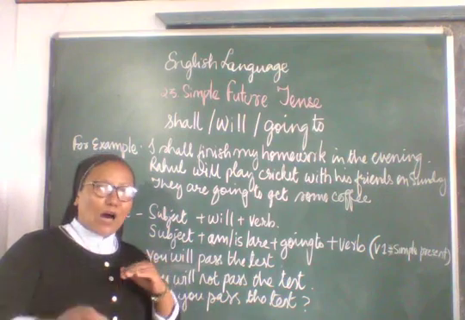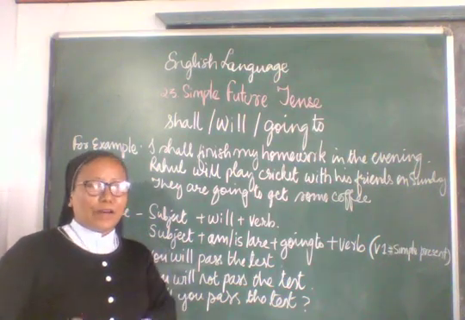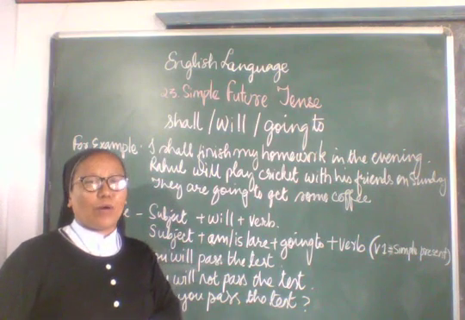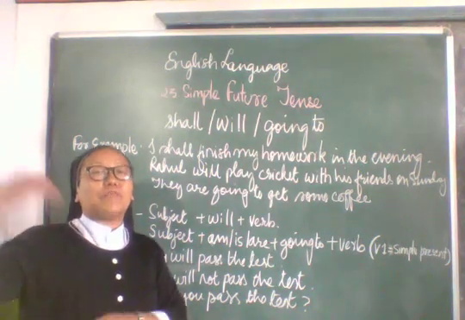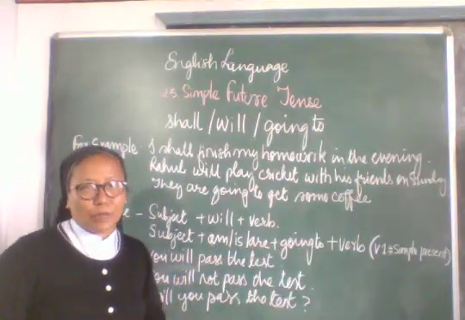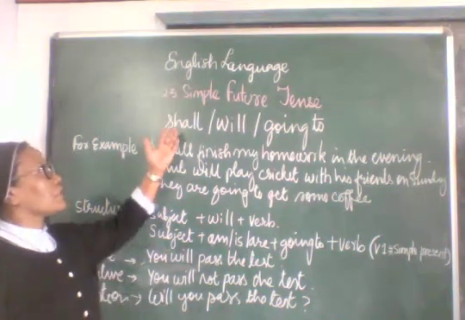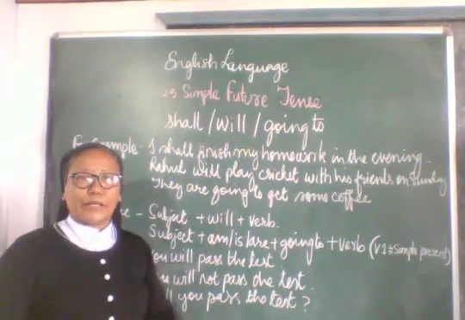From after now. Now is the present, and after now, whether after 5 minutes, or after 1 month, or after 1 week, or next week, or after 10 years, whatever is future, isn't it? We are going to talk about the future. So, while talking about the future, we use shall, will, and going to.